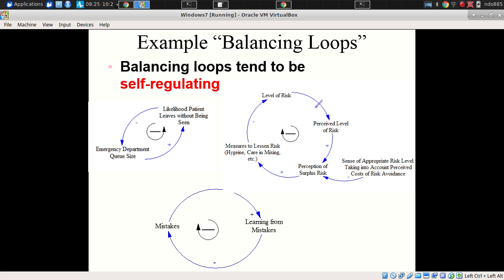So we make more mistakes. Hopefully, although often there's some delay involved, and we can indicate delays here, there's learning from those mistakes over time, and that helps us make fewer mistakes, or at least not be as subject to the same mistakes, right? This is a balancing loop.